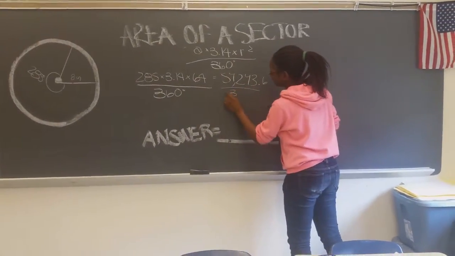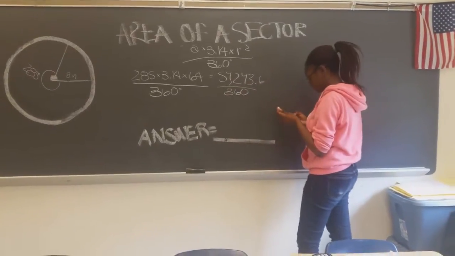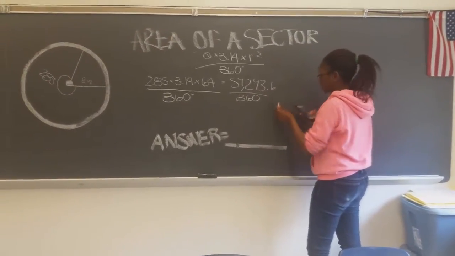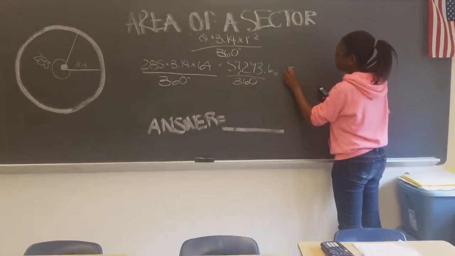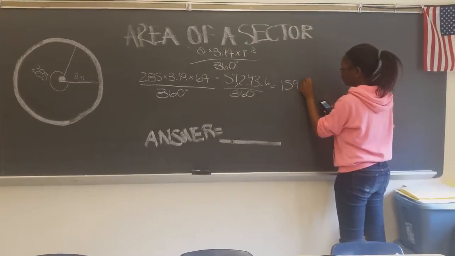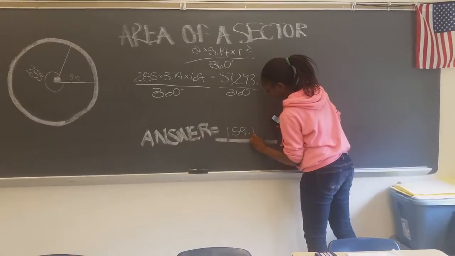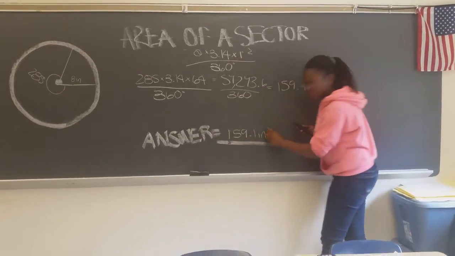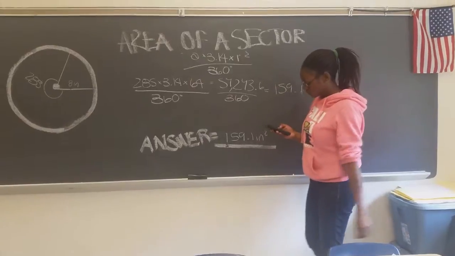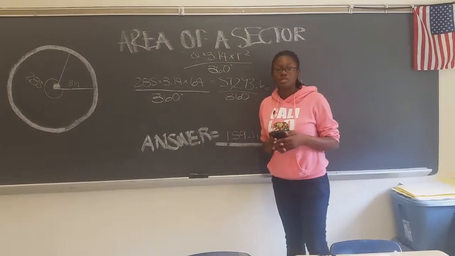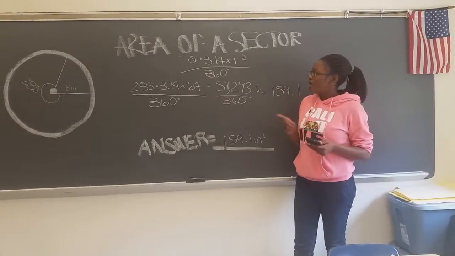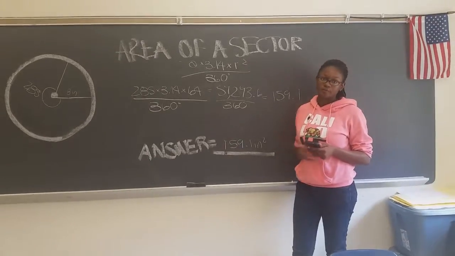Now divided by 360 degrees, you get 159.1. That's your answer. 159.1 inches squared. You can't forget your units. And if you got the answer wrong, you should probably check your calculator and make sure it's in degrees and not radians. And that is how you find the area of a sector.